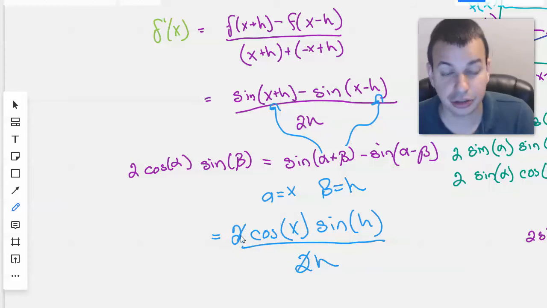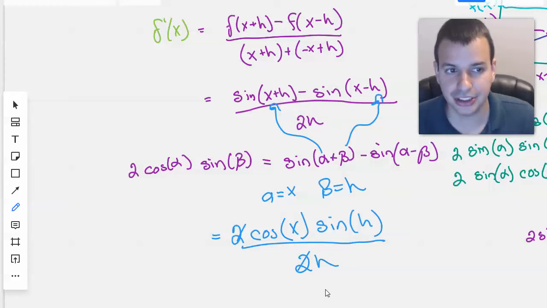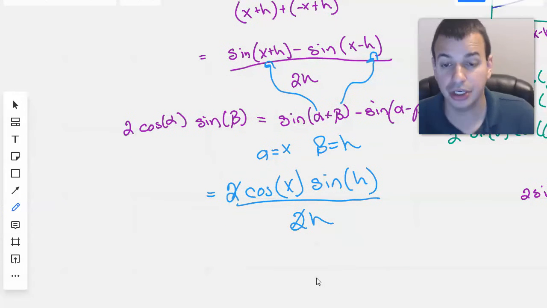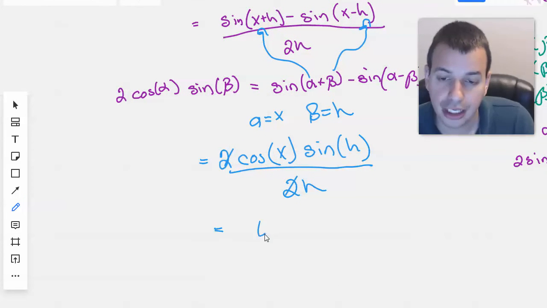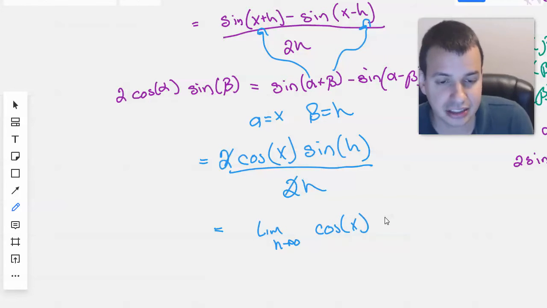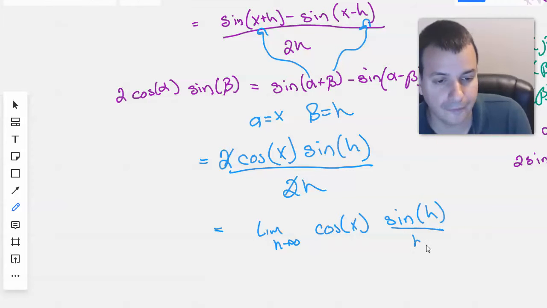And h's cancel, and we're doing limit as h approaches 0. So the question then is limit as h approaches 0 of cosine of x sine of h over h.